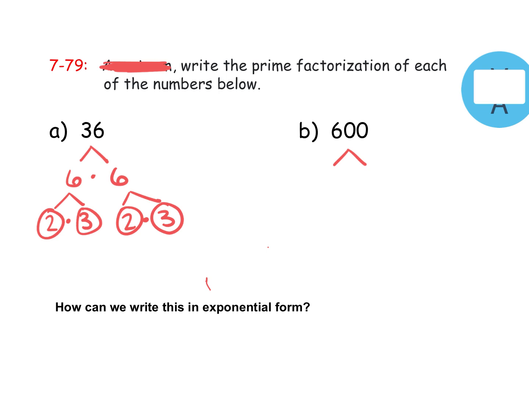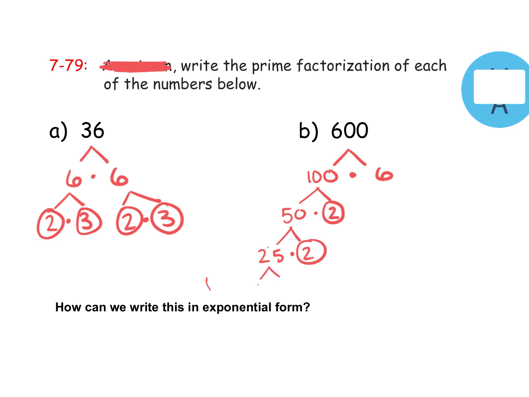Now I'm going to move over to the 600. I'm going to do 100 times 6. And let's see. For my 100, I'm going to do 50 times 2. And I know 2 is prime. For the 50, I'm going to do 25 times 2. 2 is prime.